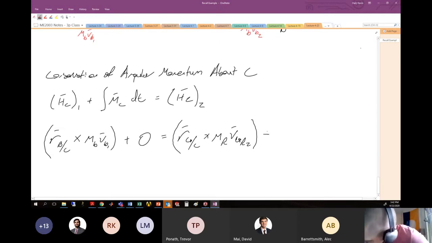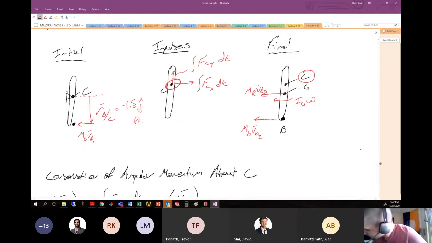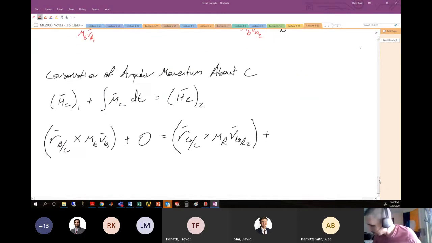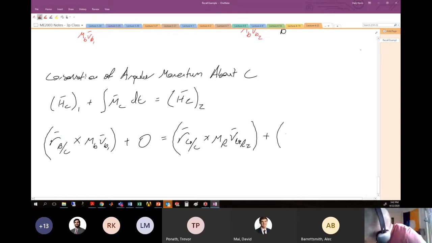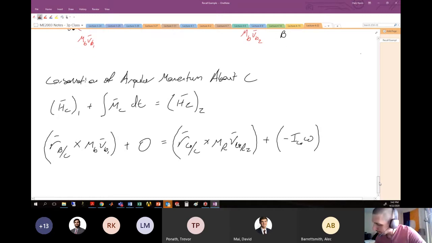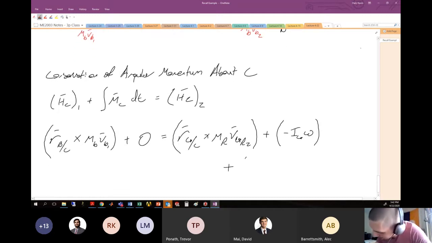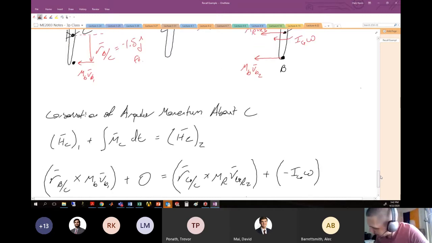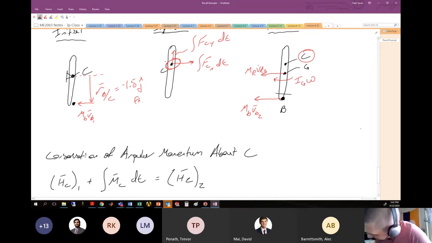I'm going to add to that I_G omega here. I've drawn it in the general negative sense, so negative I_G omega. Right. By the right-hand rule, this has got my thumb into the board. Finally, I'm going to add to this the last component, which will be the component that causes angular momentum from this linear momentum.